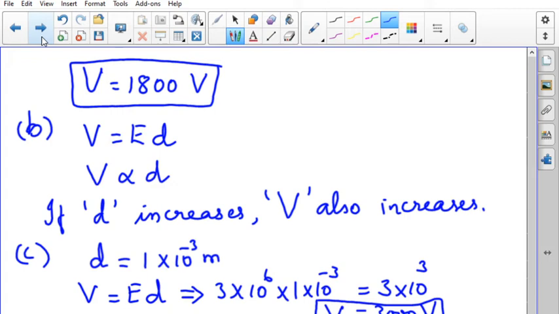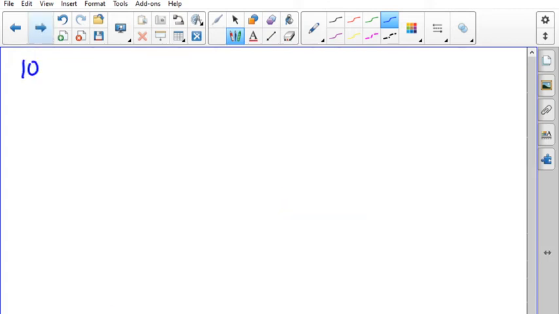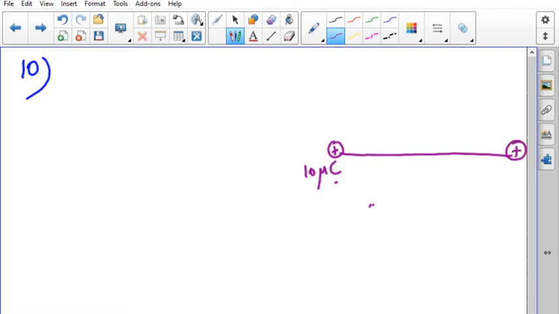The next problem is the 10th problem. Go through the problem. A point charge of 10 microcoulomb. Here a diagram is also given. This is a positive charge, and here is also a positive charge.